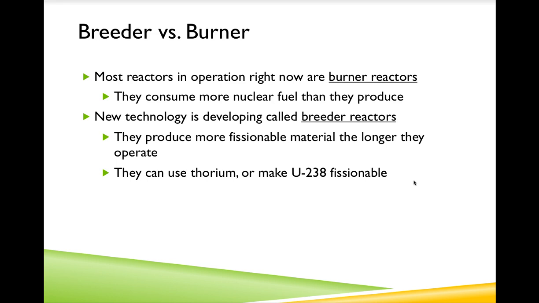Breeder reactors are capable of using thorium, which is a different element, or they can actually make uranium-235 fissionable. So this is very helpful if we want to look at nuclear fuel as a long-term option for our energy resources. And if we use only breeder reactors, this would actually make nuclear technology renewable technology, which some people think is pretty cool.